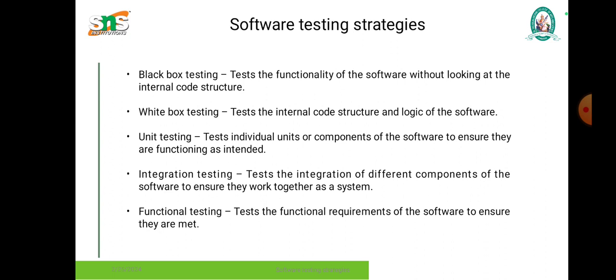And next one is integration testing. It tests the integration of different components of the software to ensure they work together as a system. So it is called integration testing. So next one is functional testing. It tests the functional requirements of the software to ensure they are met.